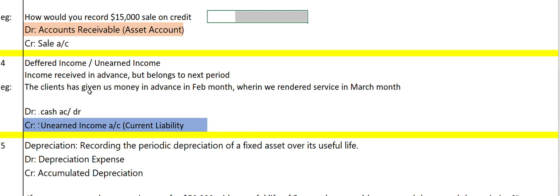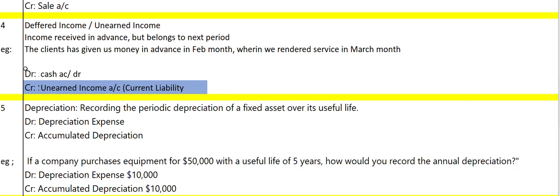So the client has given us money in advance in the month of February, and we rendered the service in the month of March. So you have received cash. So cash account debit to unearned income or deferred income, which falls under the category of current liability.